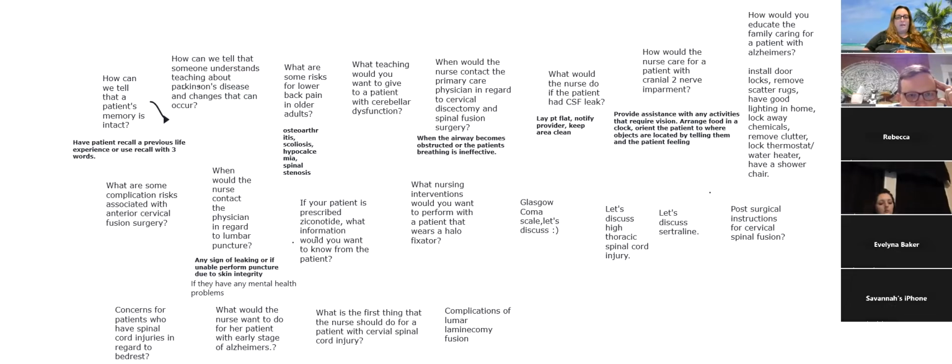Then this next one here. When would the nurse contact the primary care physician in regard to cervical discectomy and spinal fusion surgery? When the airway becomes obstructed or the patient's breathing is ineffective. That is exactly right. A lot of these, if it's in the cervical spine, sometimes in the upper thoracic, think of where the injury is.